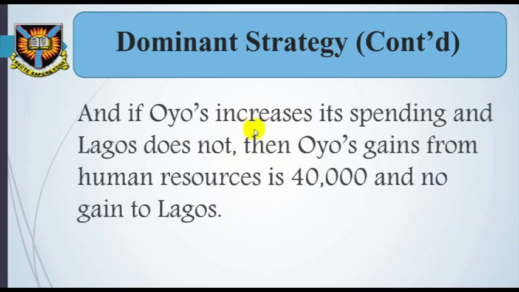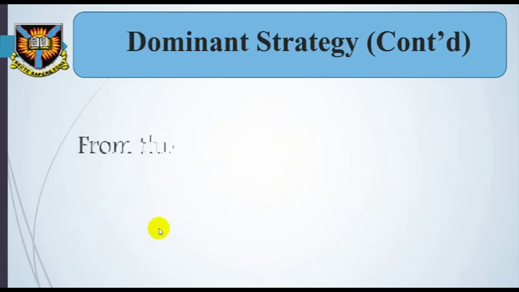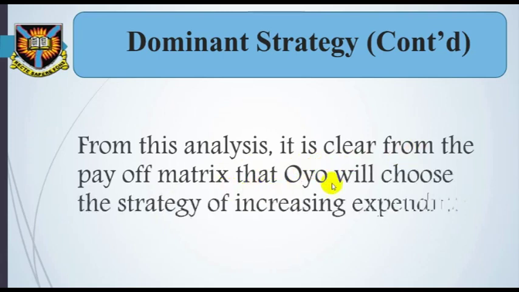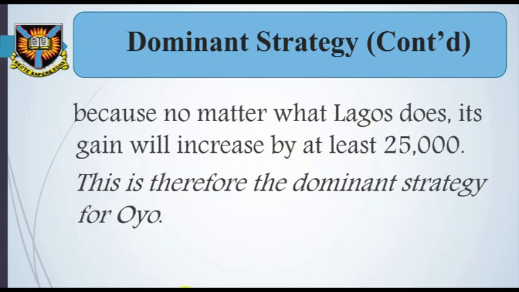And if Oyo increases its spending and Lagos does not, then Oyo's gain from human resources is 40,000 and no gain to Lagos. From this analysis, it is clear from the payoff matrix that Oyo will choose the strategy of increasing expenditure on education because no matter what Lagos does, its gain will increase by at least 25,000. This is therefore the dominant strategy for Oyo.